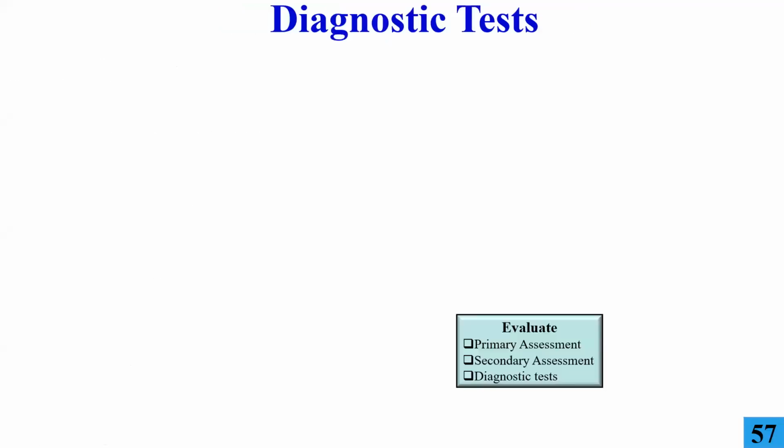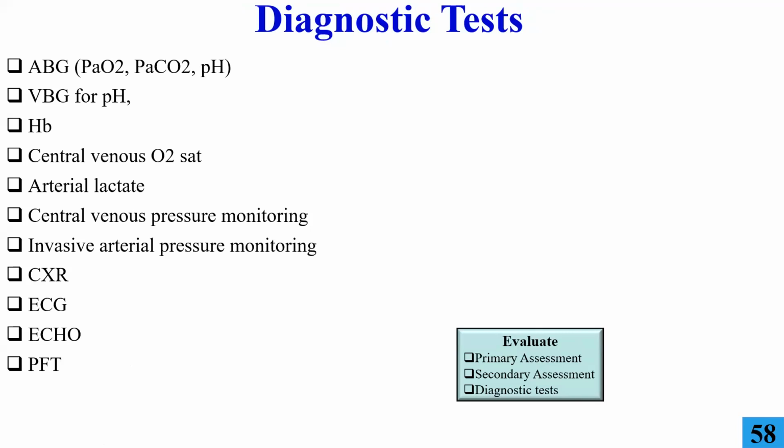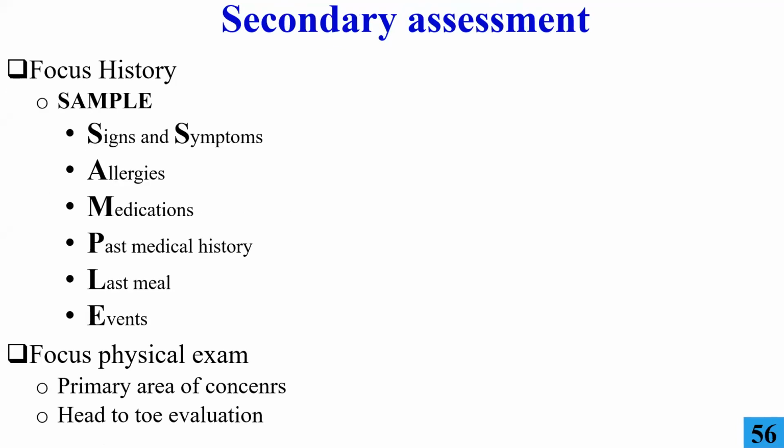Remember, please, evaluation is primary assessment, secondary assessment, and then diagnostic tests. In the history, for any signs and symptoms, we have to mention whether the baby has allergy or not, any list of medications, and any past medical history: asthma, bronchitis, diabetes, hypoglycemia, heart failure, congenital heart disease, seizure, allergy, rare syndrome, metabolic syndrome, whatever the problem is.